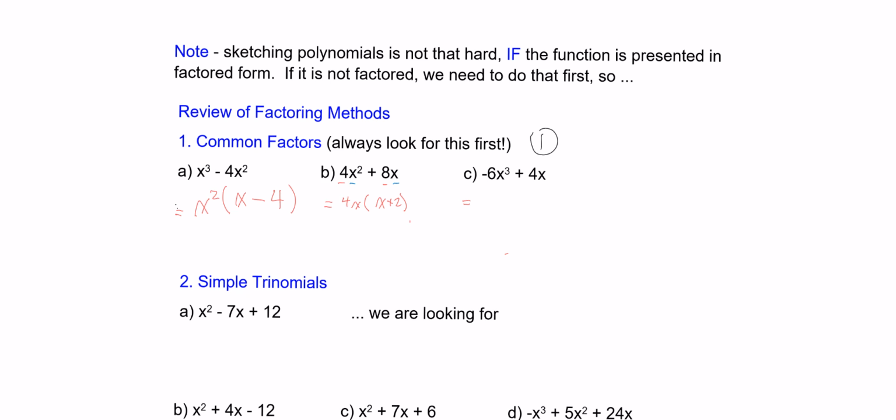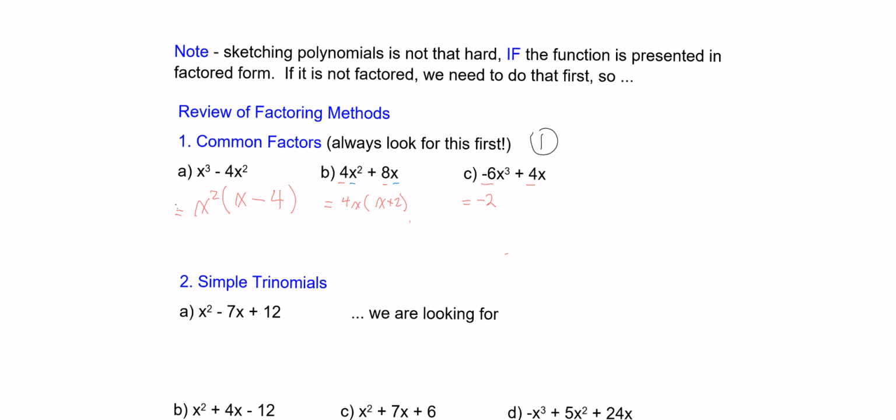The next problem we have is negative 6x cubed, and we have a common factor that we can pull for 4 and 6. I'm actually going to pull out negative 2, because I always want no negatives sitting on my highest power in the bracket. So we pull out negative 2.